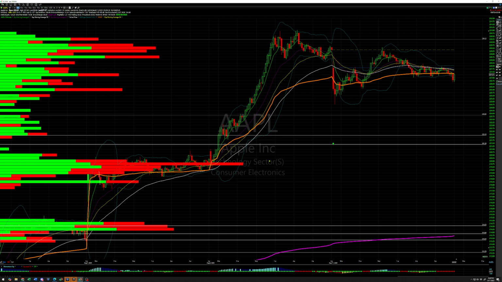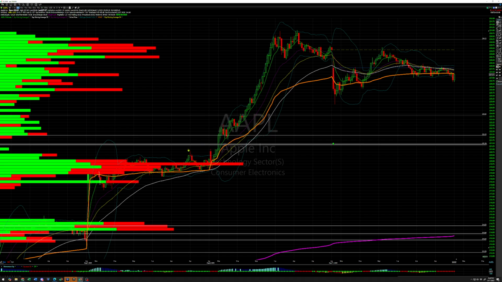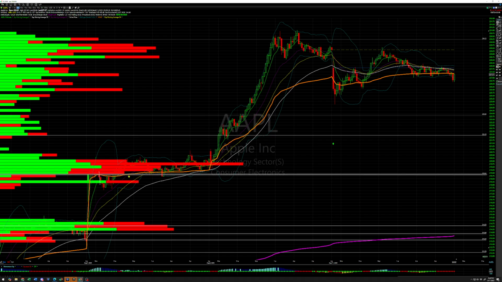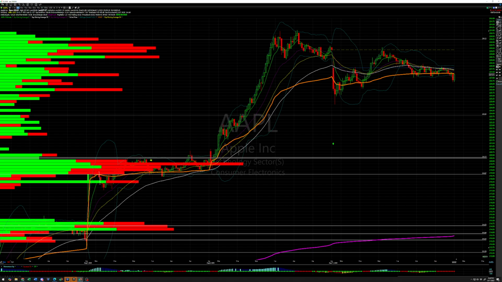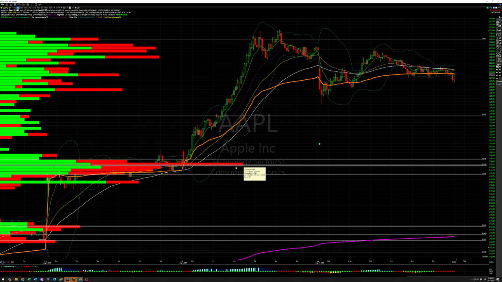So now that we're above them, I need to know that if Apple pulls into these ranges, I'm going to be a buyer for sure, right? If Apple pulls into this range, I'll be a buyer. And now the point of control in this major pivot point is the longest bar. It's right there. You got your point of control, your value area high, your value area low, and your major pivot point here.